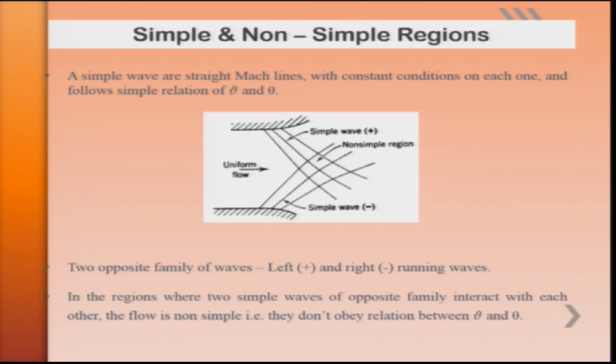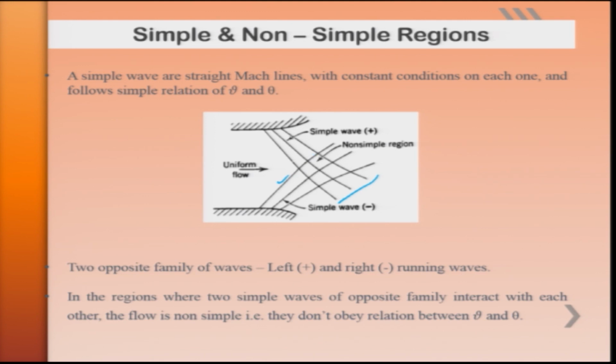The nomenclature adopted is that if I am moving along the uniform flow direction, then the left running waves are like this and the right running waves are these, and so these lines are termed as left running characteristics and these lines are termed as right running characteristics.